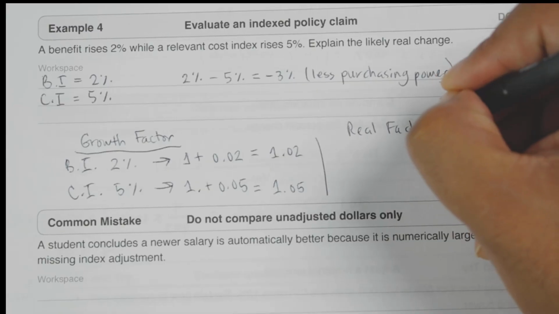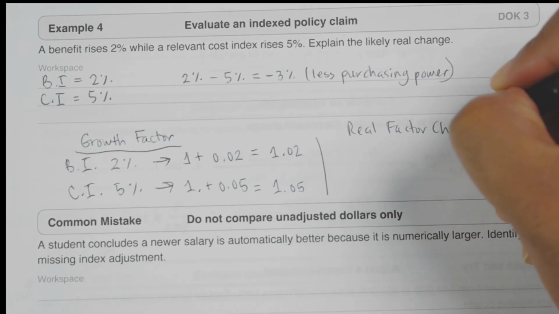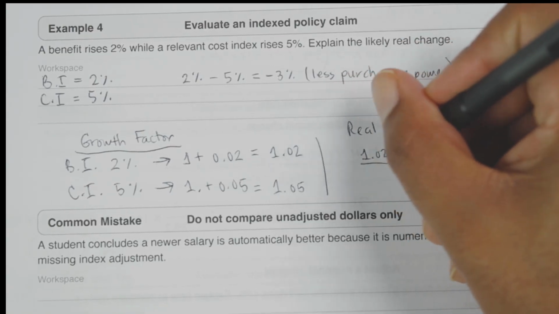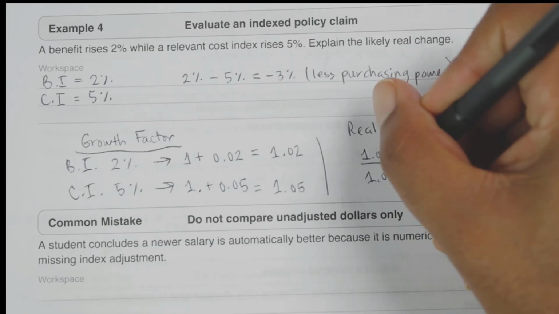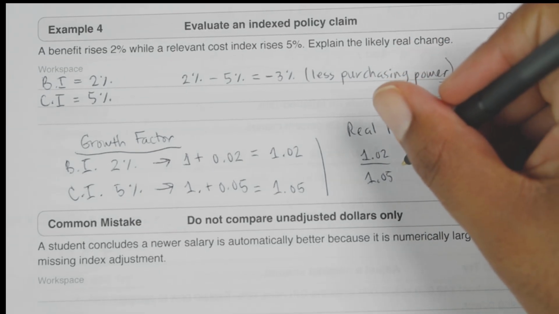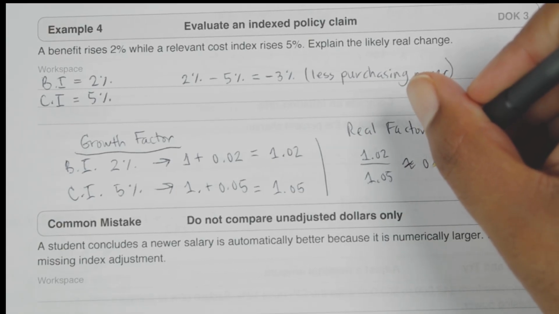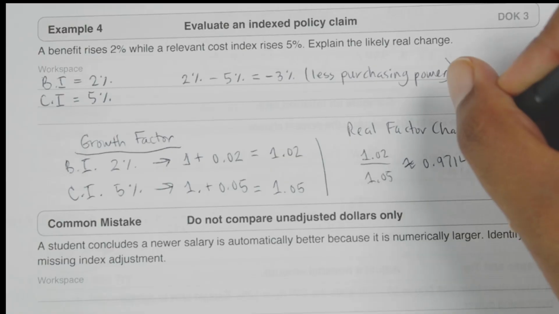So then we would take the real factor change of those two and basically divide them. So we'd have 1.02 divided by 1.05, which is approximately 0.9714.